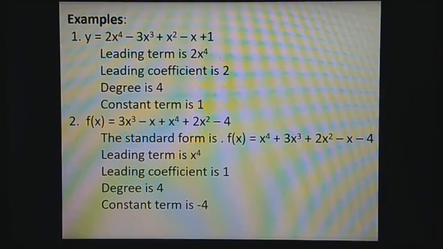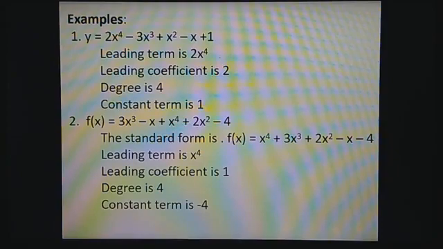So how are we going to determine the leading term, the leading coefficient, the degree, and the constant term of this polynomial function, which is written in standard form? Based on the definition, when we say leading term, this is the term with the highest exponent. Since the polynomial function is written in standard form, it refers to the first term.